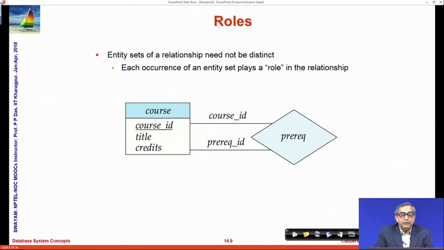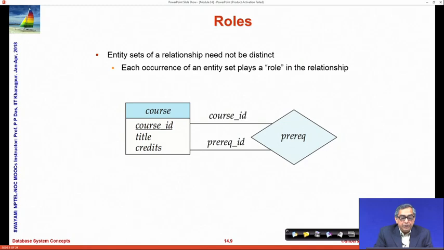It is possible that the relationship that holds between two entity sets can use entity sets which are the same. That is, it is possible that a set is related to itself.